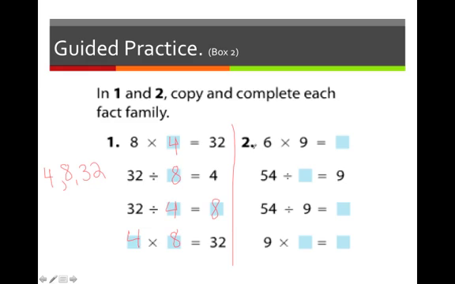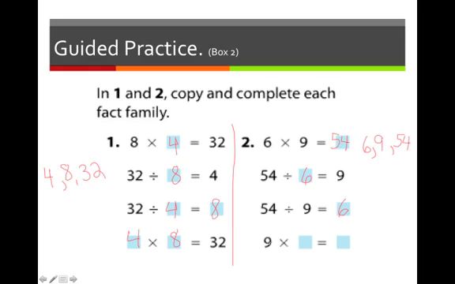Okay, let's take a look at the last one we're going to do together. And we're looking for the digits of this fact family. So I see the big number 54. I see 9 and 6 will complete the digits for this fact family. 6 times 9 is 54. 54 divided by, there's a 9, so this must be 6. 54 divided by 9 equals 6.